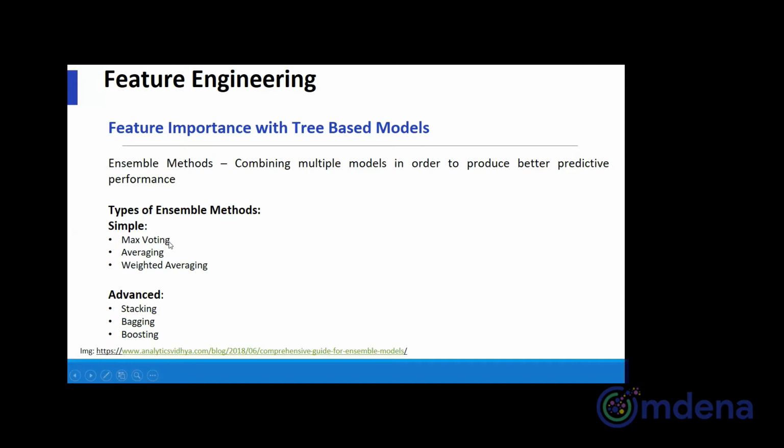Max voting means you pick the option with the most votes. Suppose people are rating a restaurant 4 or 5, and among 5 people, 4 rated it 4. You take the maximum number of votes, so 4 would be picked.